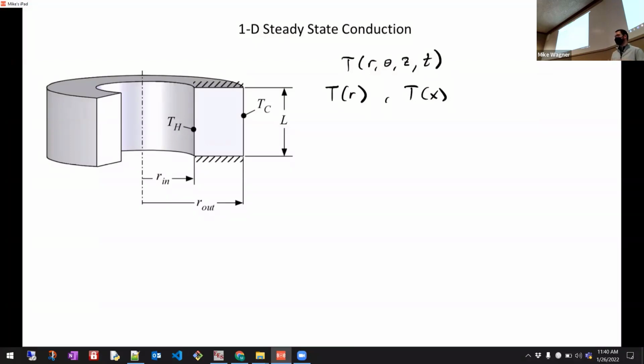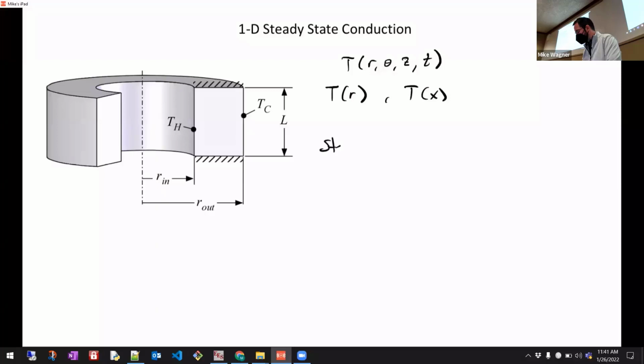That's our model. You can also do a numerical solution. Numerical solution is where you discretize the domain into a bunch of little nodes, and you represent each node with a set of algebraic equations. We're going to do both of those things. For now, we're going to start with analytical.